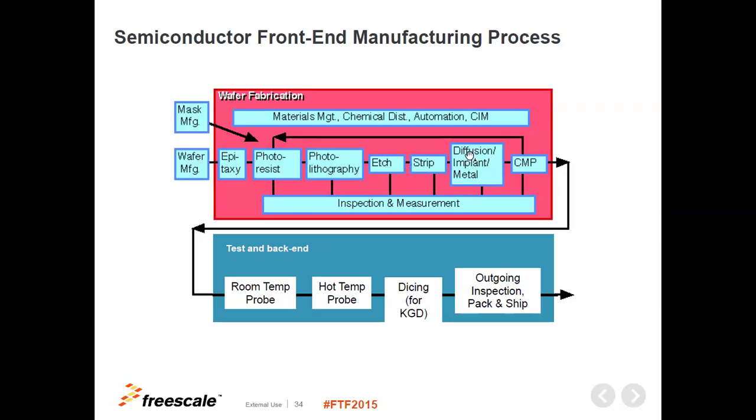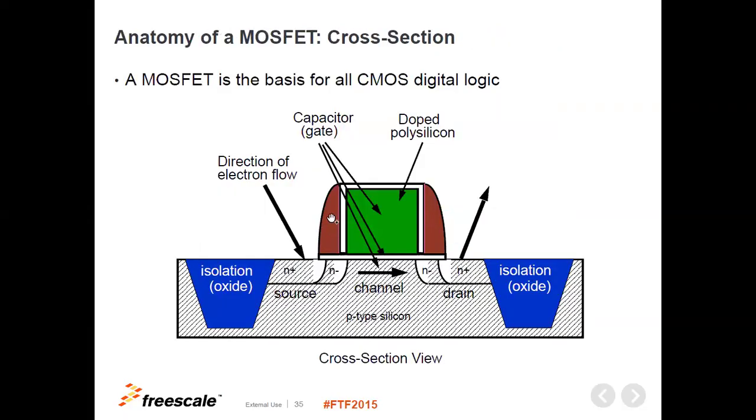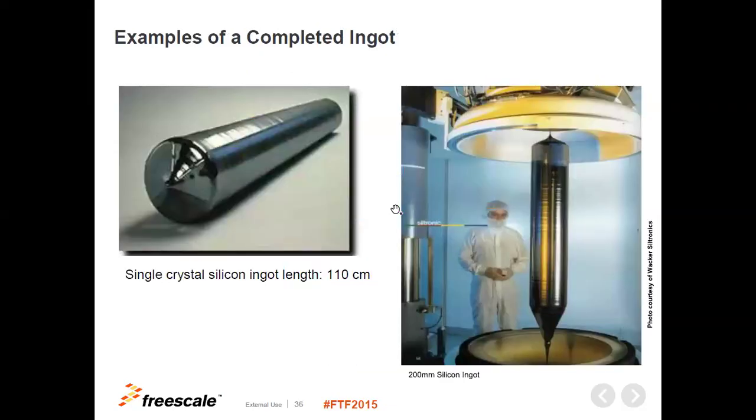Then there's the etch, the stripping, and we will see most of them also when we go there. As I said, this way the structure is also created by changing the properties of the surface. And everything starts from the silicon, no?